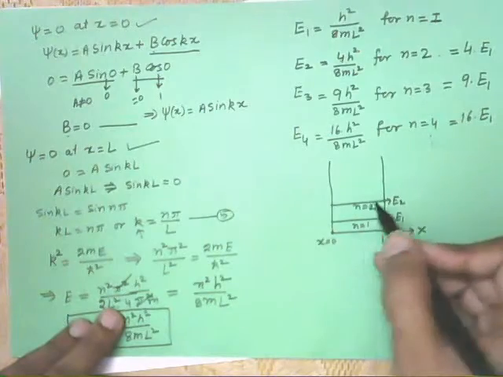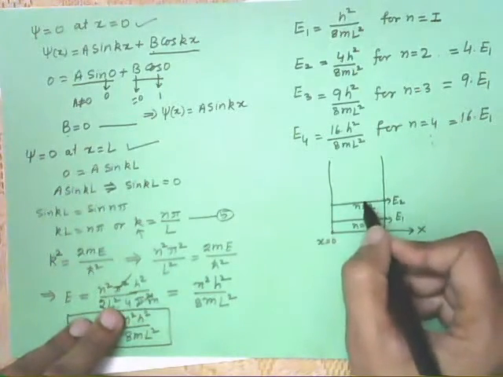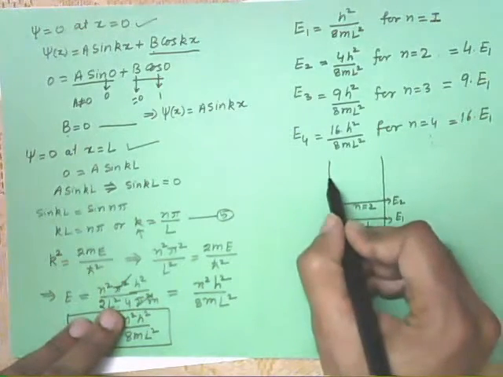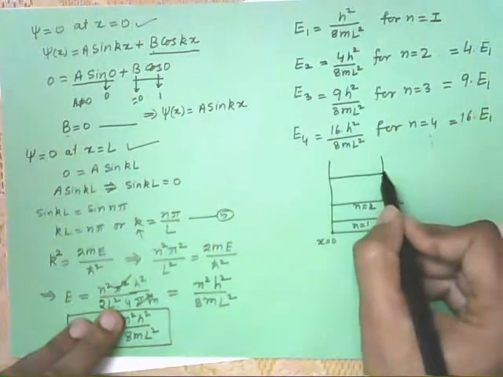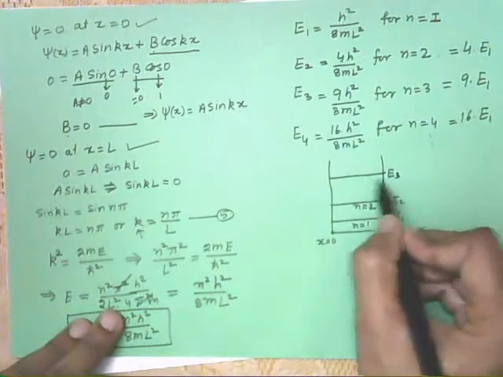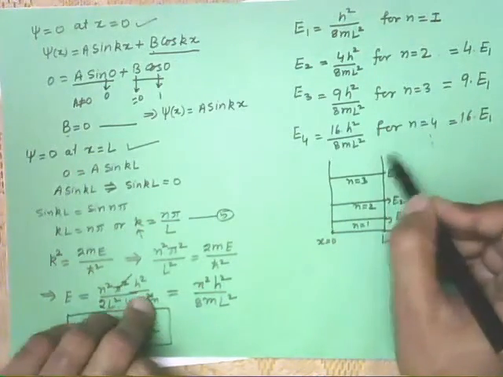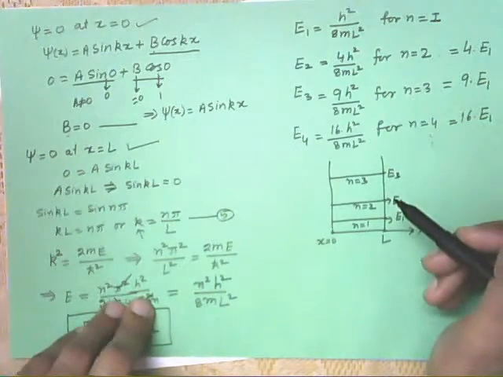Then the difference increases to more than 2 times, so we can imagine this is E3 for n is equal to 3, and so on up to here. This will be the fourth state.